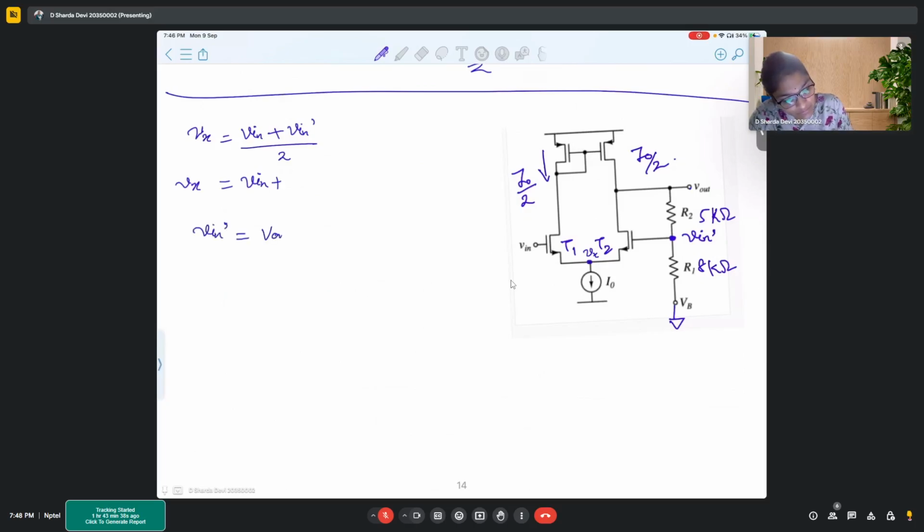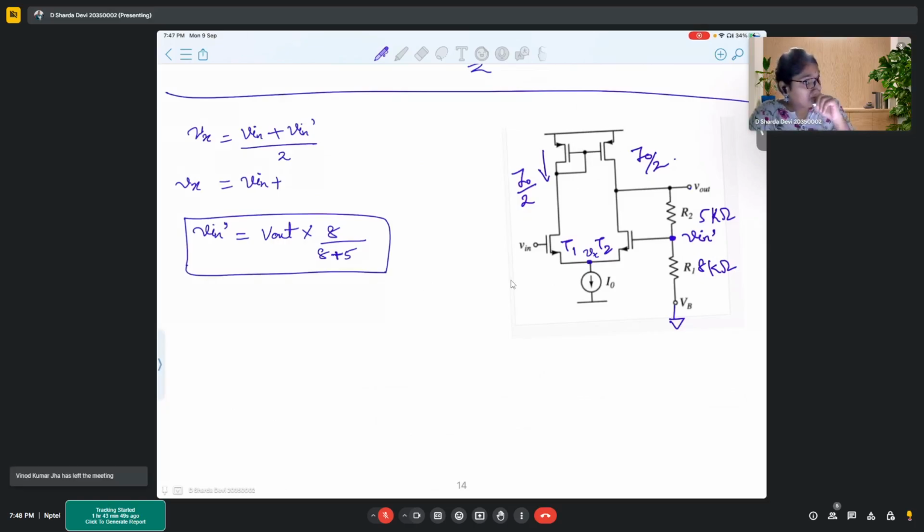It was Vout into R2 upon R1 plus R2, from the potential divider. This is by considering VB equal to ground, since we are doing AC analysis, so we are only considering the AC points.